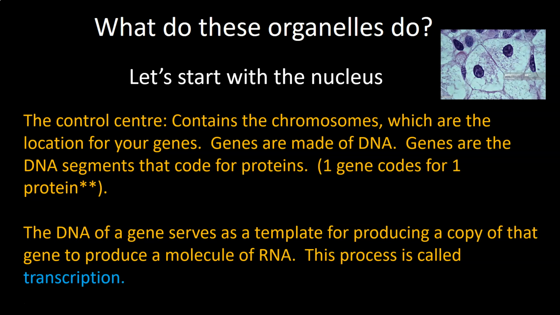Now, in the cell, the instructions come in the form of proteins. Each protein has an objective, and you can think of this objective as a word, a word that makes up a sentence of instructions. Imagine if there are words missing from a set of instructions, it will be difficult to understand them.